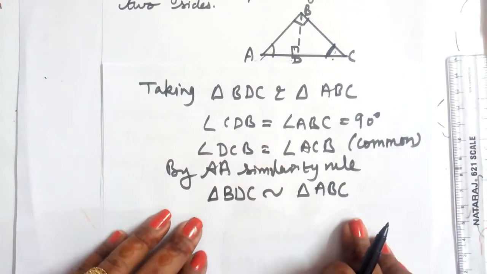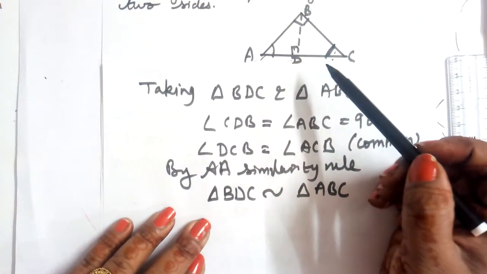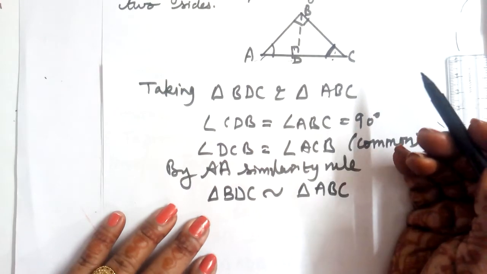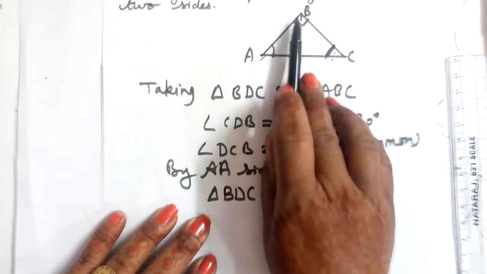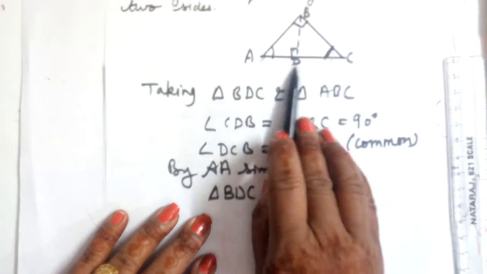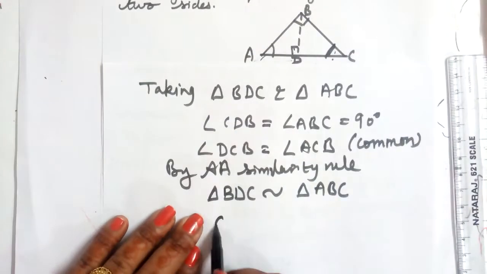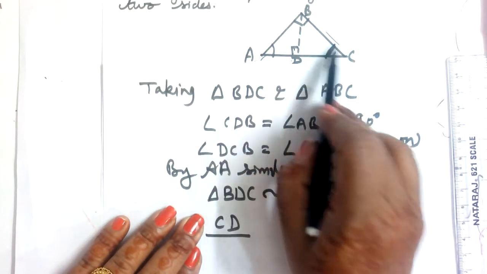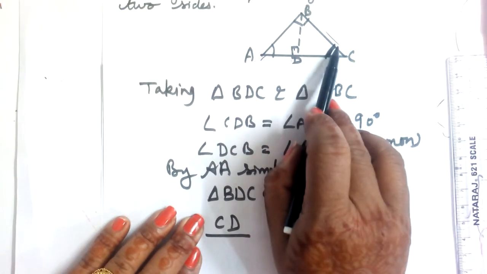Now we are again going to use this, what are the sides that are proportional to each other. Again we will take the corresponding sides, meaning if we are taking the base of this smaller triangle CDB, what is the base? CD is the base here, CD upon, and what is the base for the bigger triangle? This side we can also take as a base.